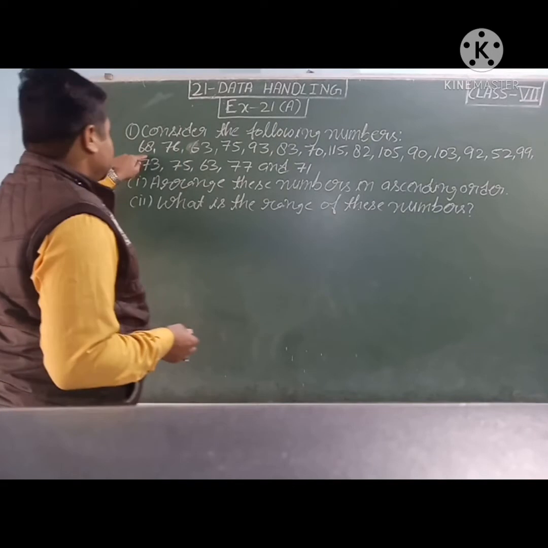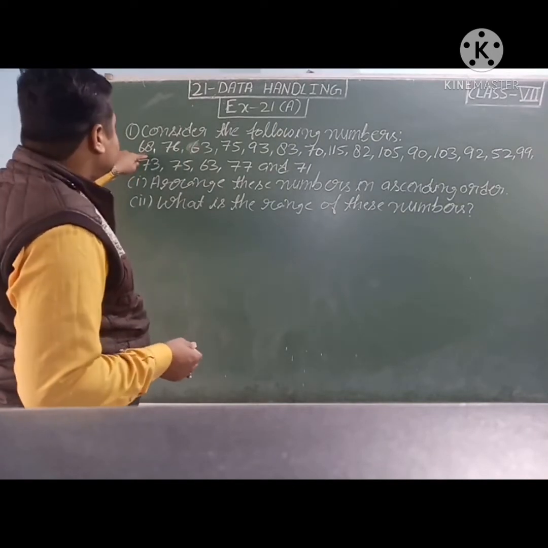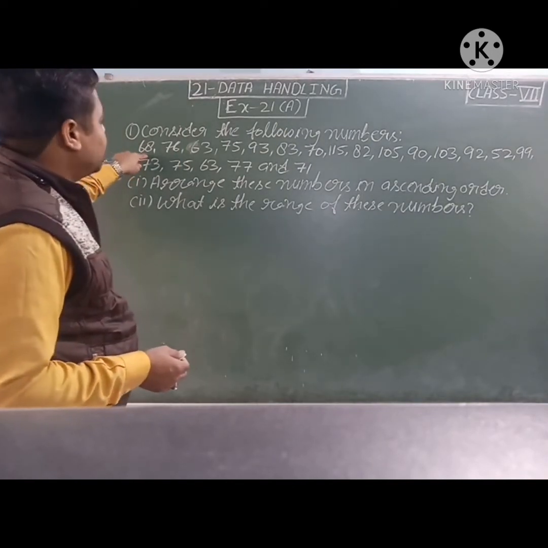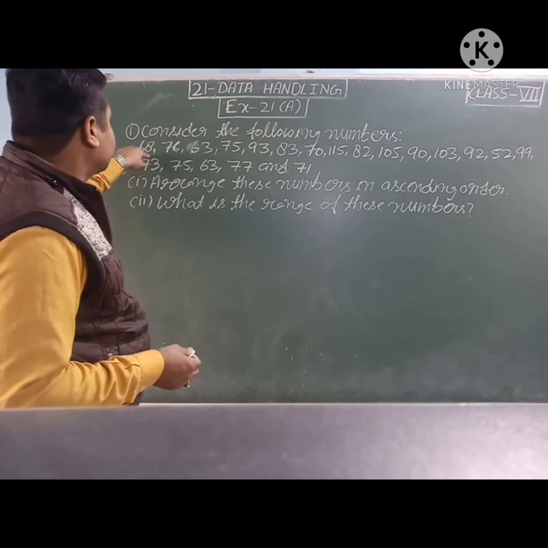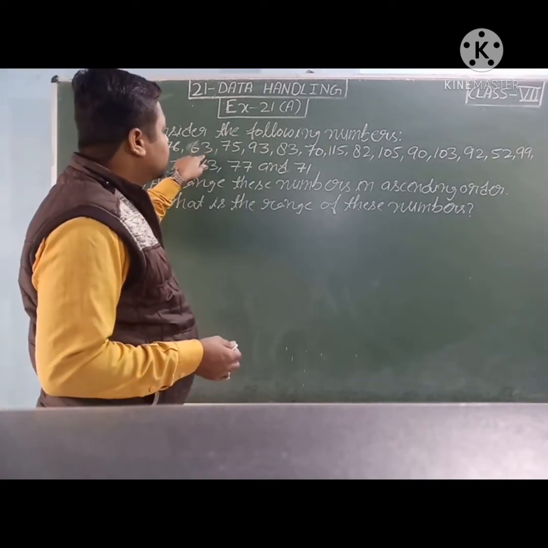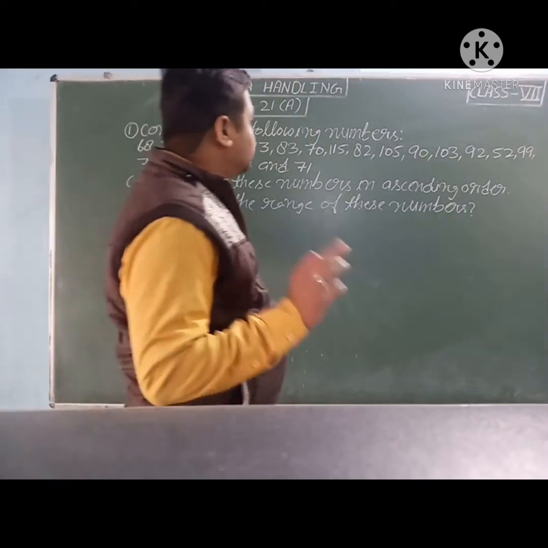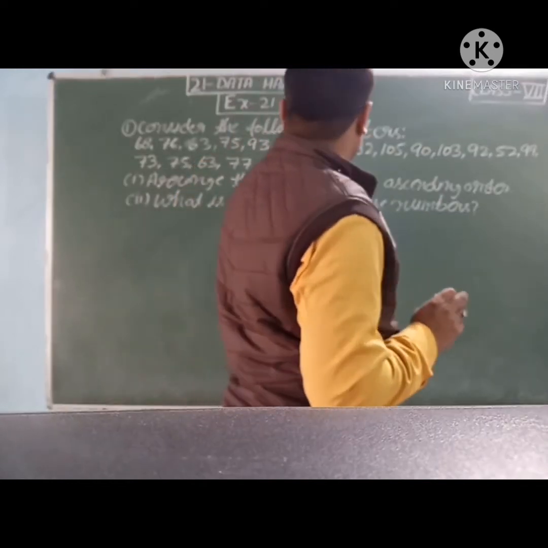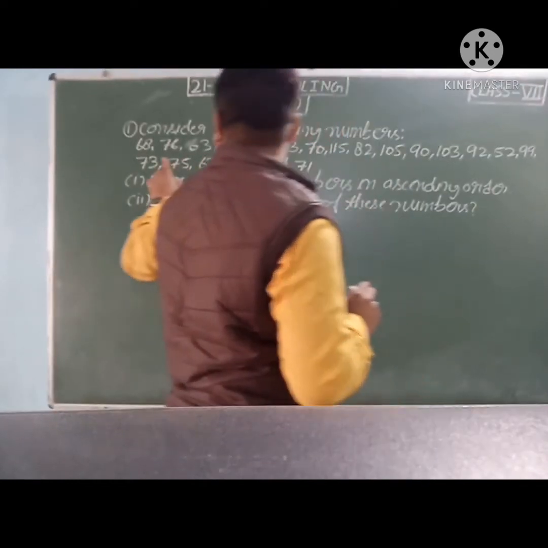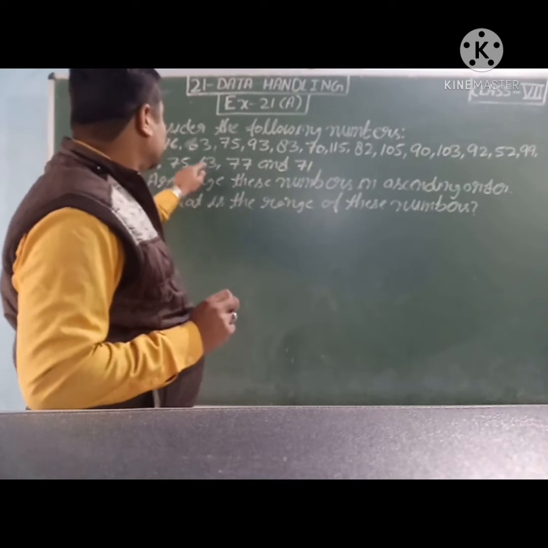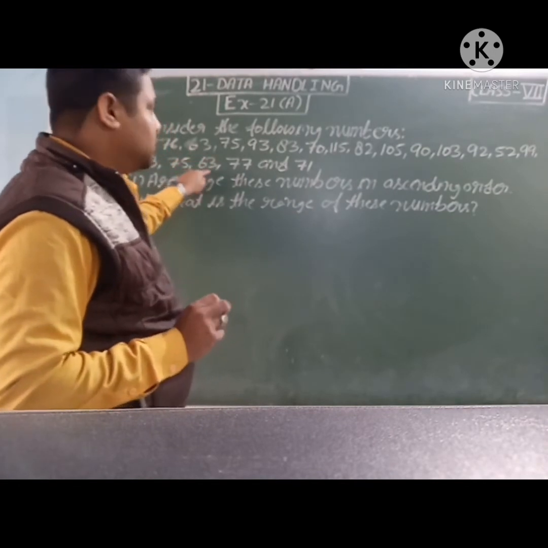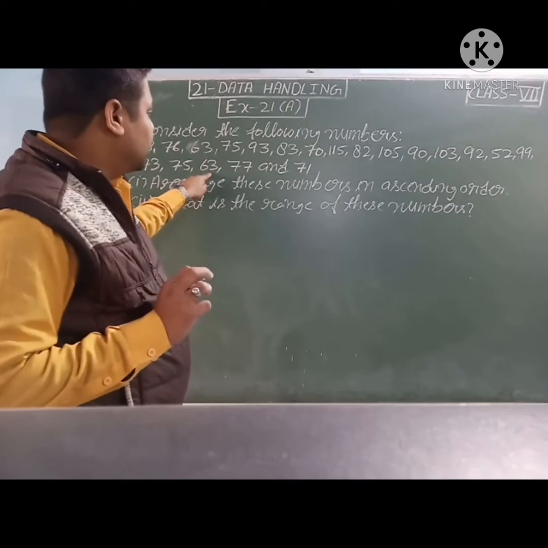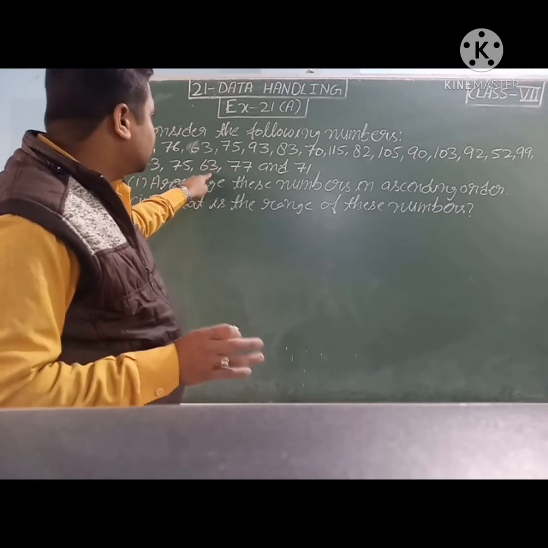So 68. First is coming 68. Just see, is any other number less than 68? Yes, 63. Any other number less than 63? Yes, 63, 63. Two 63s are there. Any other number less than 63?